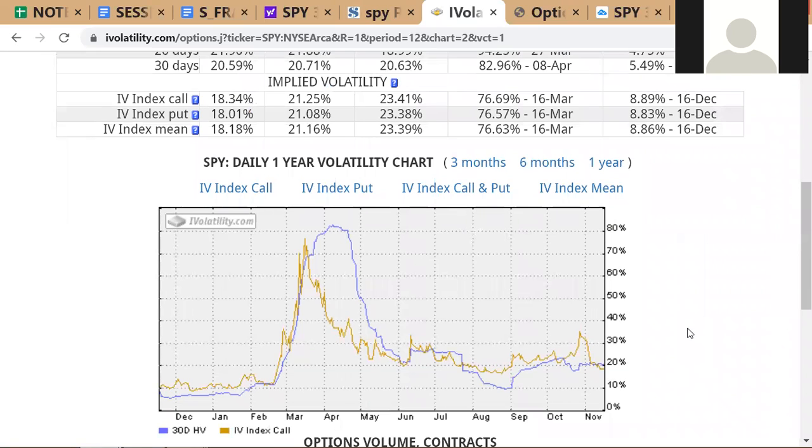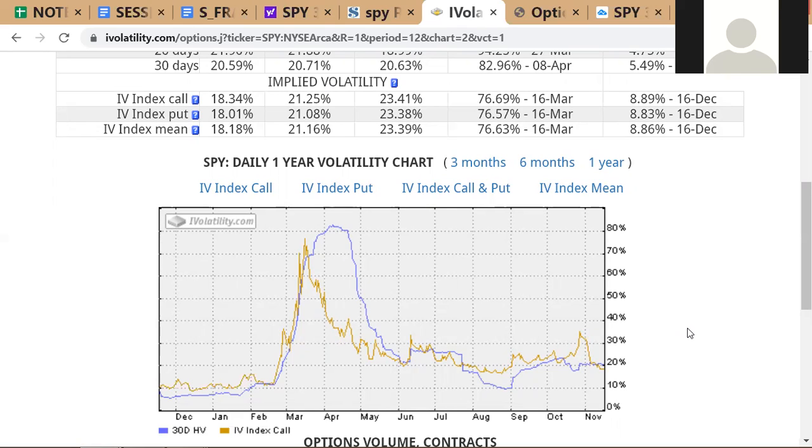Sachin is referring to, I have not opened the software today because I was worried about my RAM consumption, but he's talking about when you mouse over the bid and ask prices of any option on the TWS, you can see the corresponding eyeball figures for the bid and ask. You'll notice the bid eyeball is always going to be lower, and the ask is always going to have a higher eyeball, because the offer price is always higher than the bid price, and that means the offer eyeball will be higher than the bid eyeball.